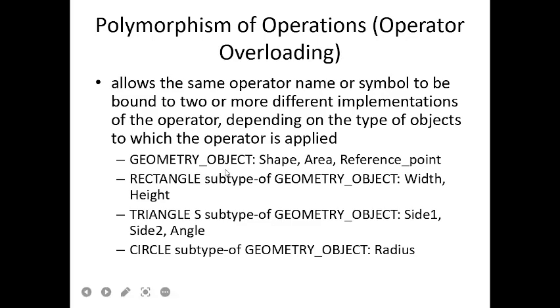One possibility is to have a general implementation for calculating the area of a general geometry object, and then to rewrite more efficient algorithms to calculate the areas of specific types of geometric objects, such as a circle, triangle, and so on. Here the area function is overloaded by different implementations.